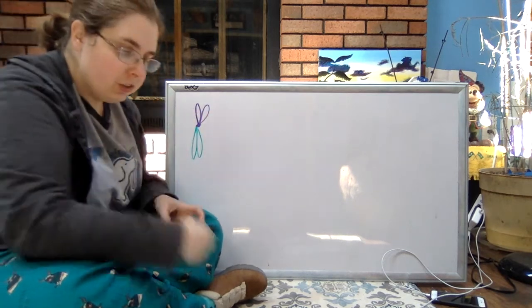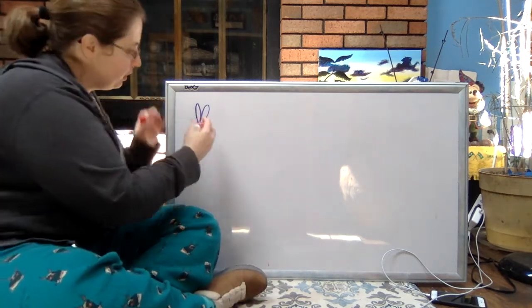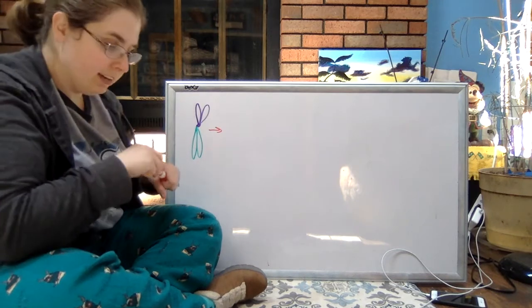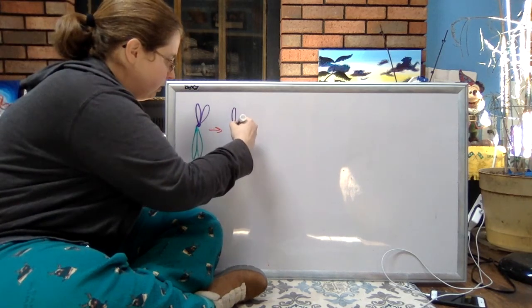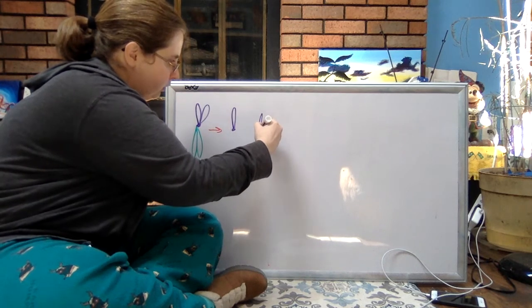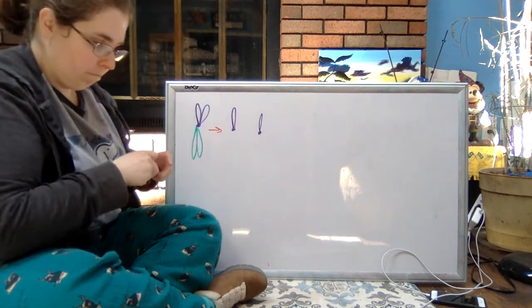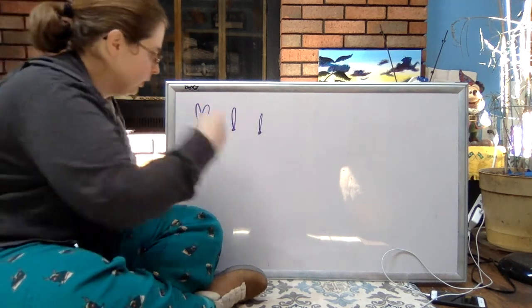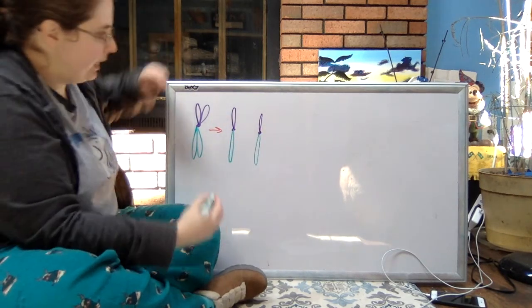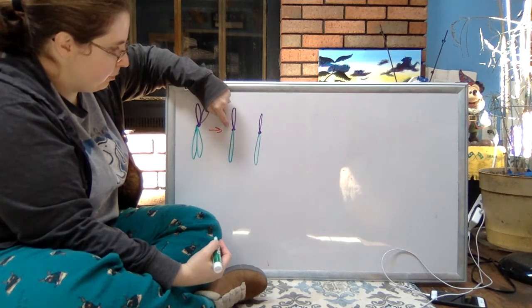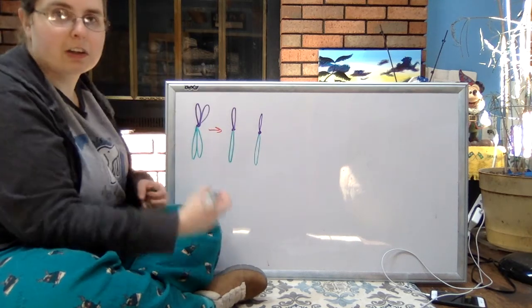Now, how this should split in meiosis 2 is like that. So each one has the short arm, centromere portion, and the long arm.